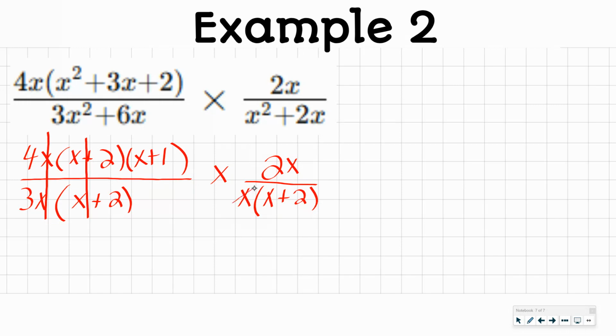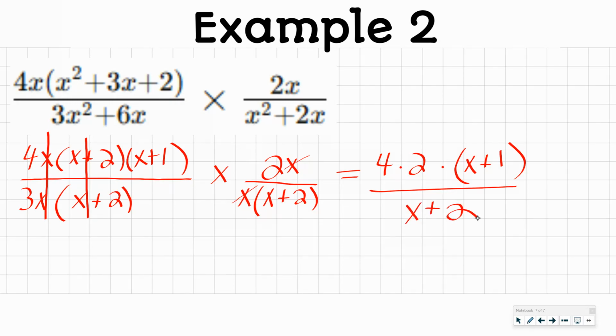Look here. We've got an x here and we've got an x here. Let's go ahead and take that out, because that's the top over the bottom. So what does it leave me with? It leaves me with the 4 times 2 times x plus 1 all over the x plus 2.